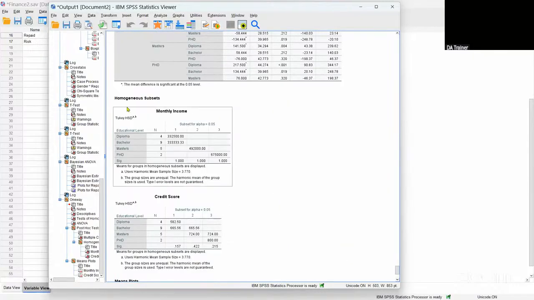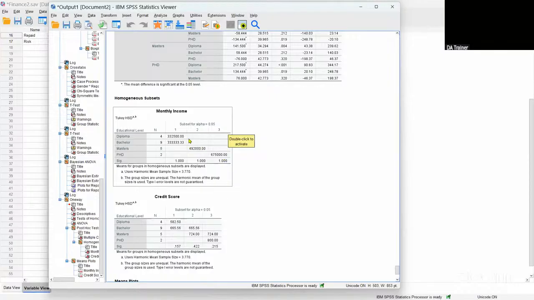There's a homogeneous subset here that takes the individual educational levels and splits them out at the 0.05 acceptance level of a factor.